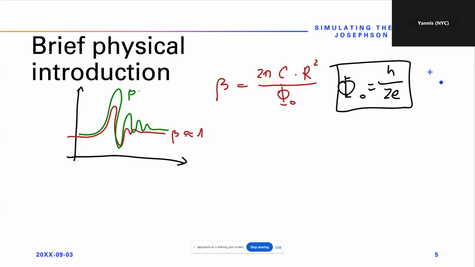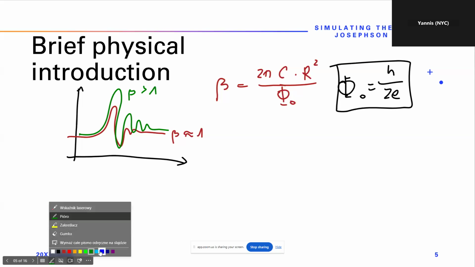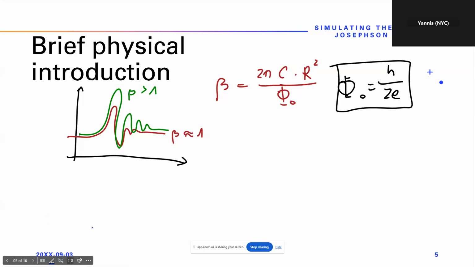So this would be for beta larger than 1. And if we reduce the resistivity, we would get beta lower than 1. We would get only one peak right here. So this is for beta lower than 1.